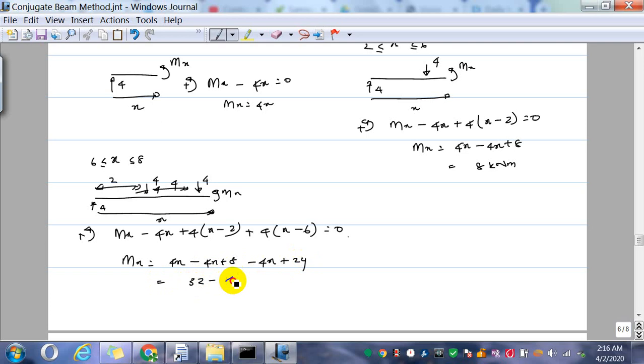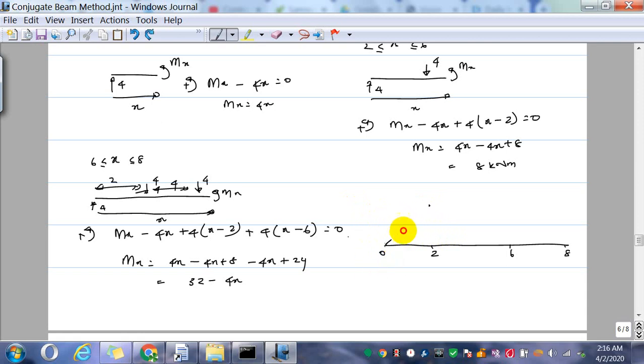32 minus 4x is the bending moment equation. So if I plot the bending moment diagram, 0, 2, 6, 8. From 0 to 2 it's 4x, so at 0 it's 0, at x equal to 2 it's 8, so it's a linear curve.